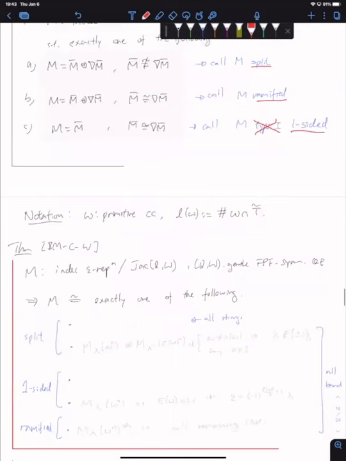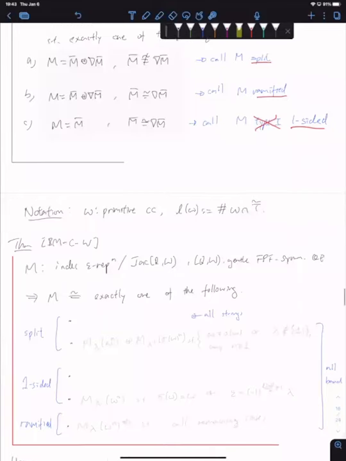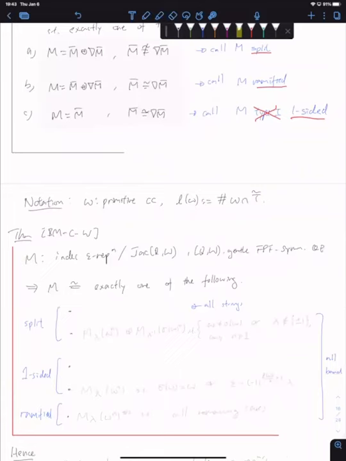Taking this technology, we look at what happens to Jacobian algebras. So what are epsilon representations over a Jacobian algebra equipped with a fixed point free involution? They are the case of the non-orientable surface that we are interested in, and in this case exactly one of these things occurs.